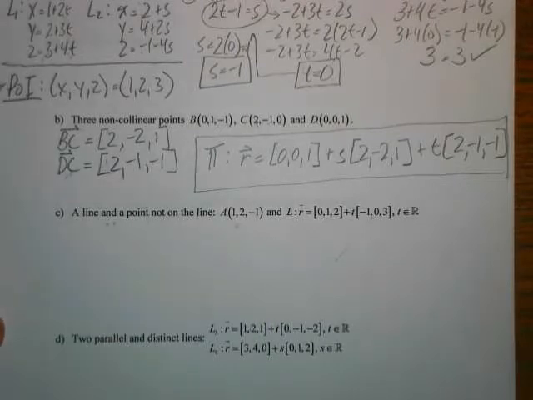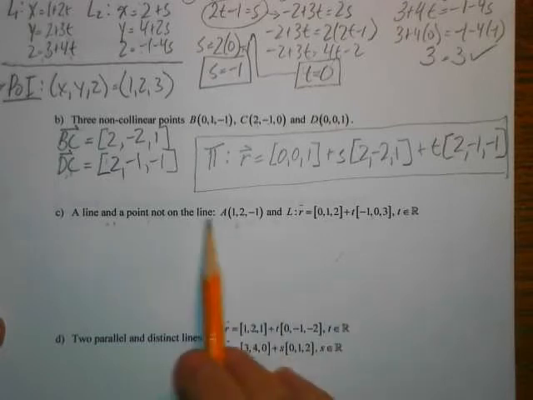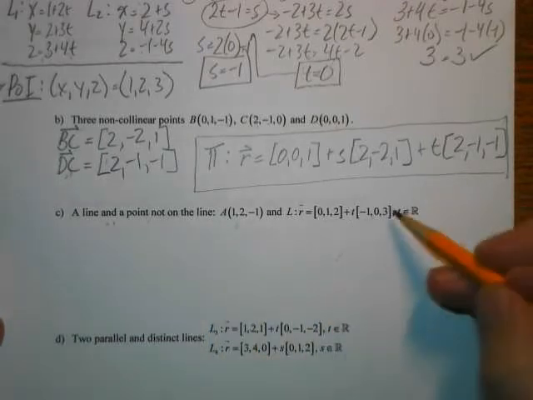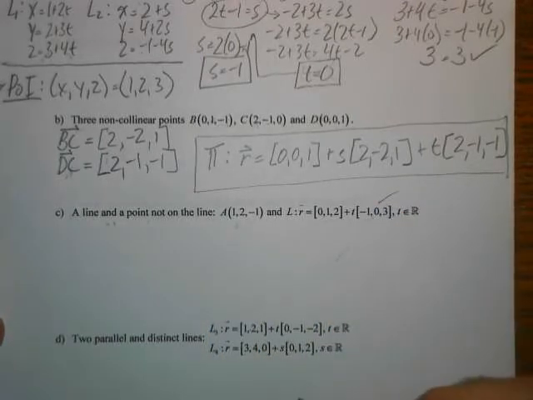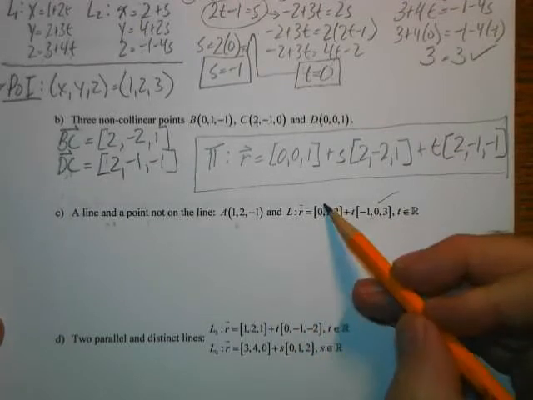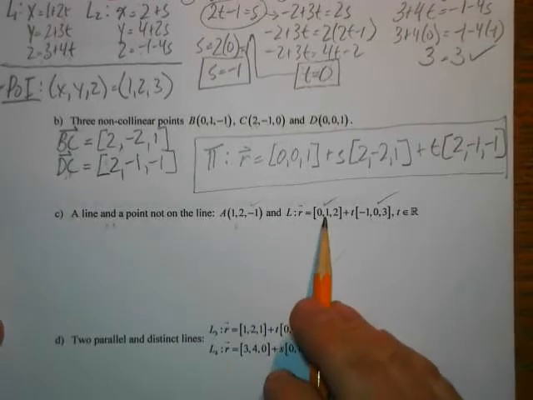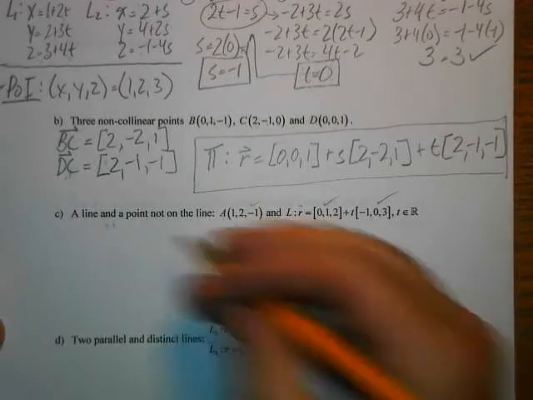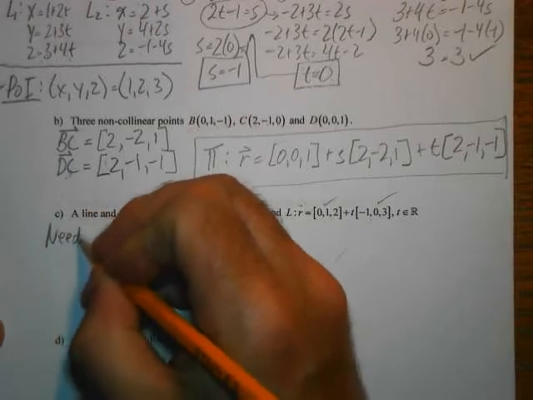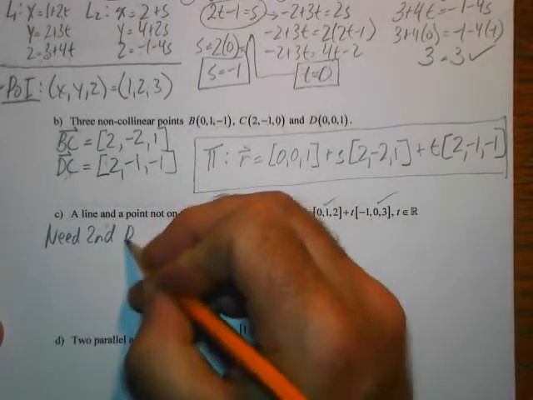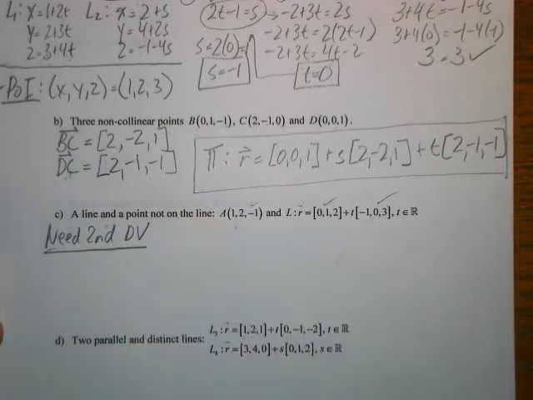So in order to create a plane, I actually have to have two direction vectors. Well, I've got one there. I could use this point, or I could use this point as my position vector. I do need a second direction vector. Second dv. So how do I get that?